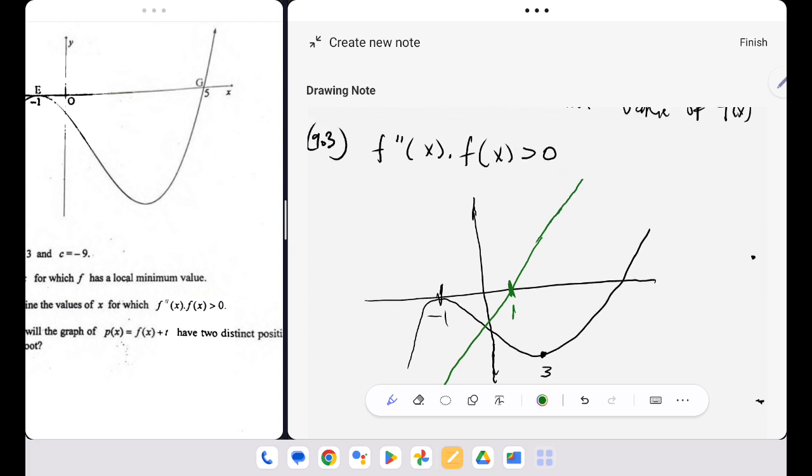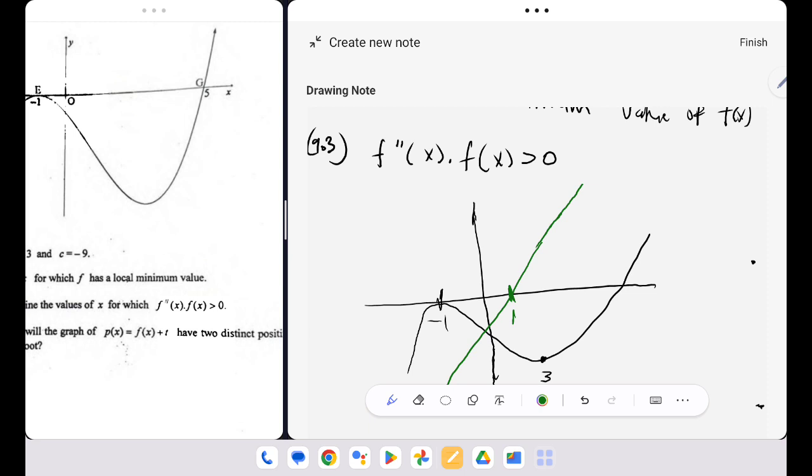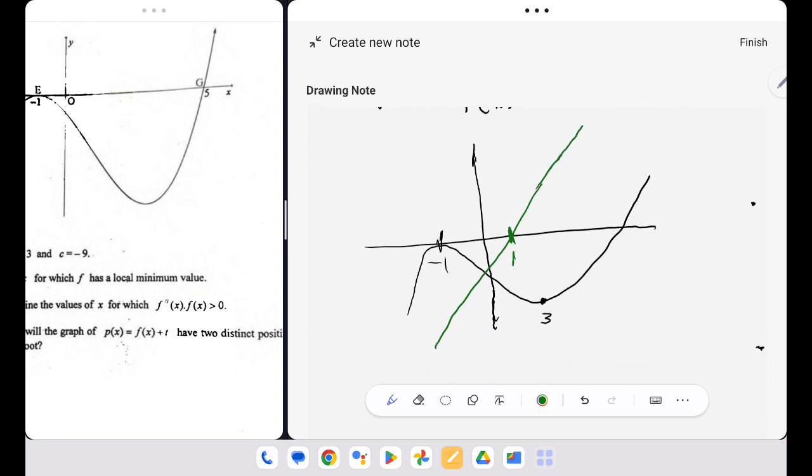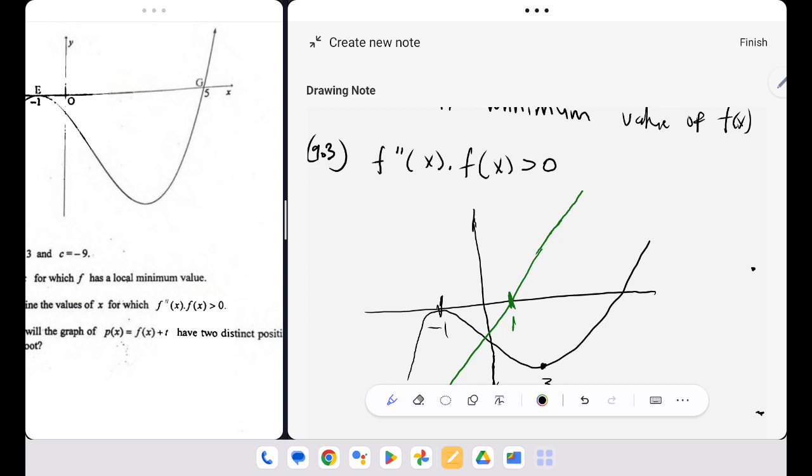Okay, so just to answer this question, I want to know, where do my graphs have the same sign? For my derivative graph, I know that my derivative graph is positive when its y is positive. So in simple terms, just know that your graph is always positive whenever it's above the x-axis, and your graph is negative when it's below the x-axis.